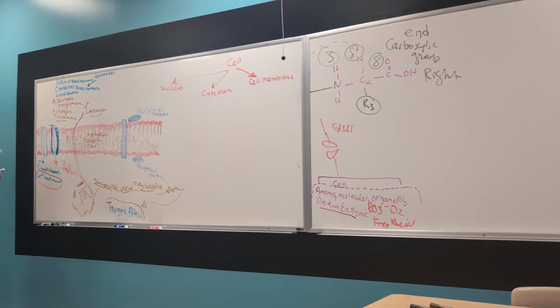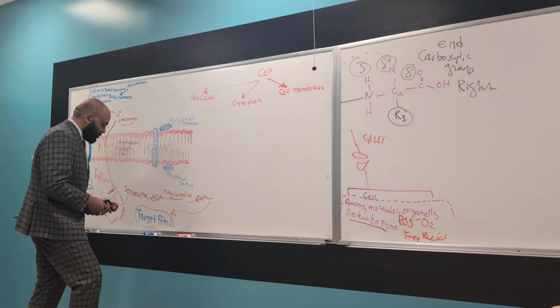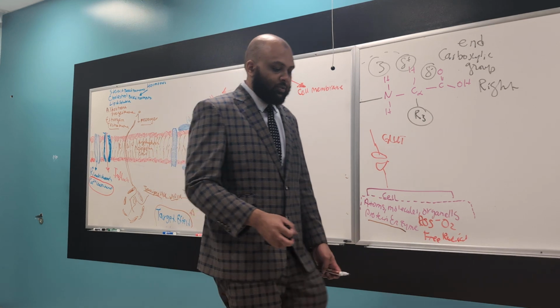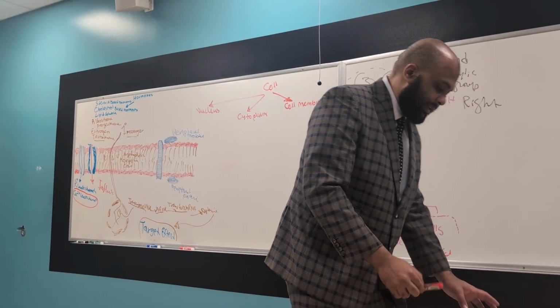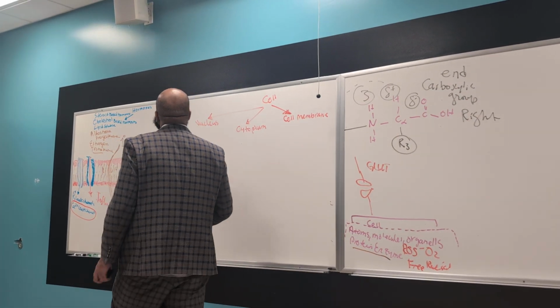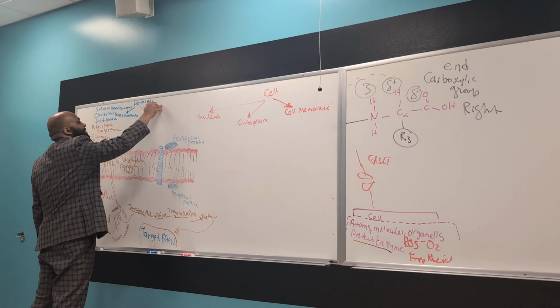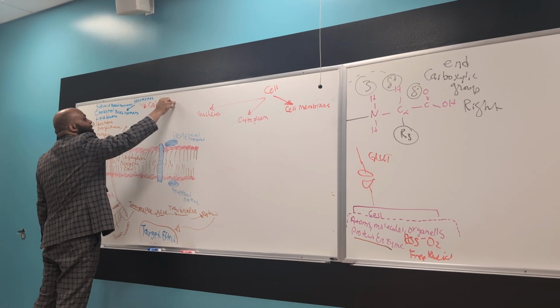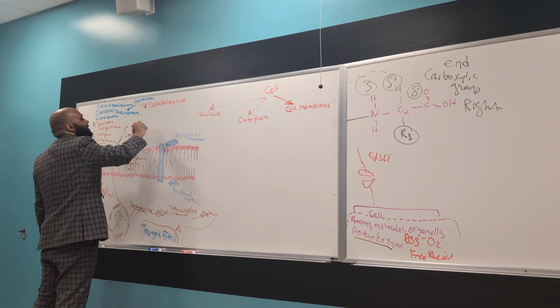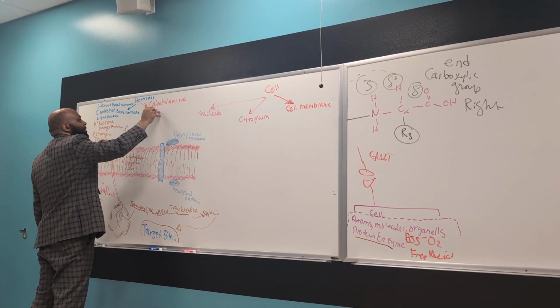But if you have the second type, and let me do those in red because they do not dissolve in the bilayer leaflet, this is known as catecholamines, such as epinephrine.